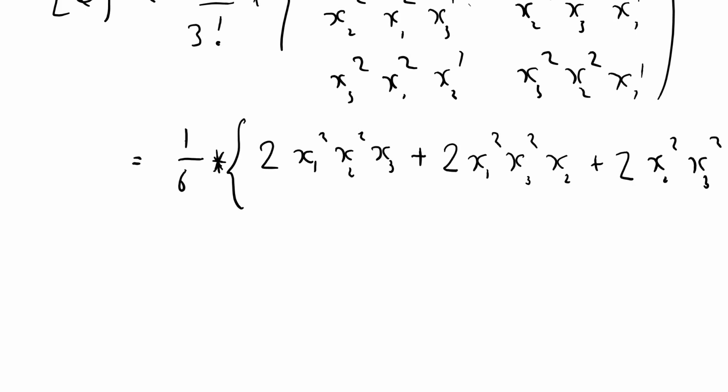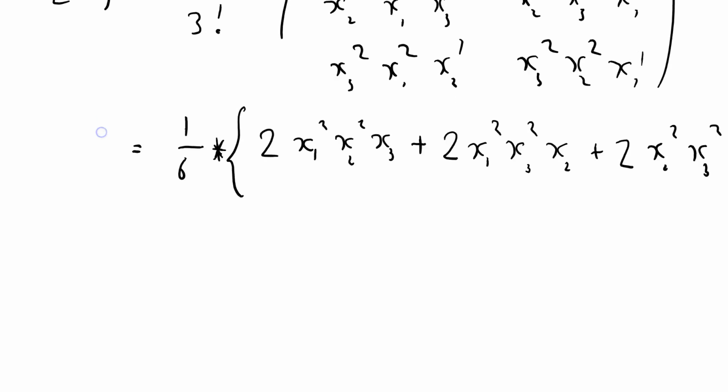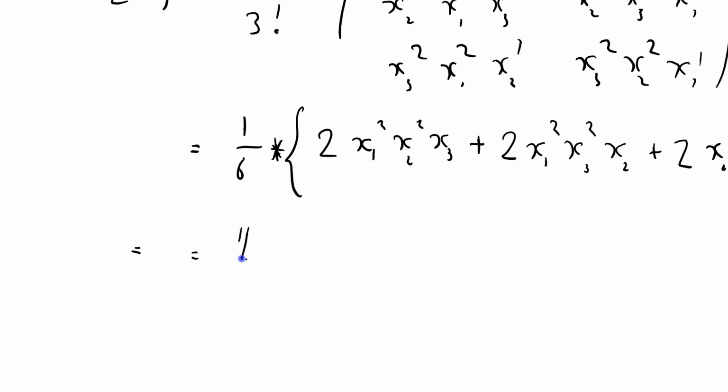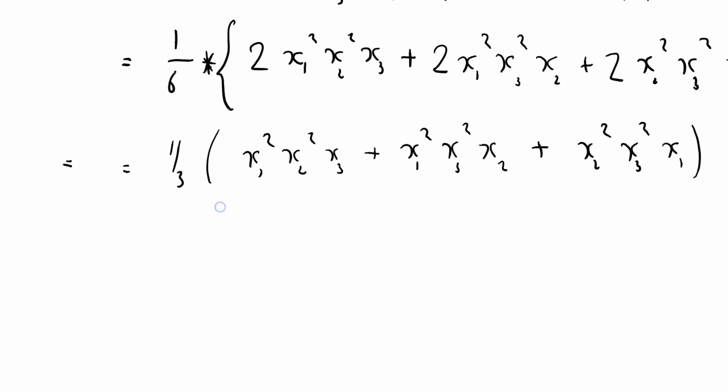There are different forms of the theorem, but I prefer this one because this 1 over n factorial reminds me I should have n factorial terms in the bracket here, some of which might cancel out. So altogether it's equal to 1/3 of x1 squared, x2 squared, x3 plus x1 squared, x3 squared, x2 plus x2 squared, x3 squared, x1, which is a perfectly respectable sum, quite a nice little thing.